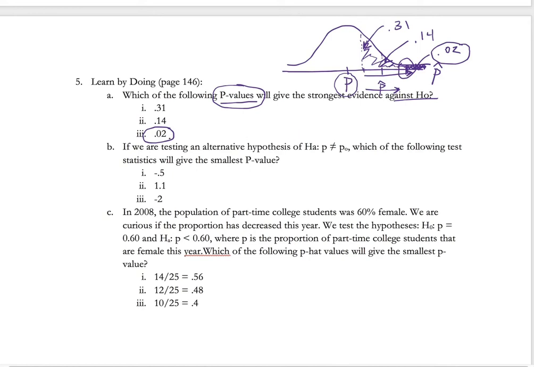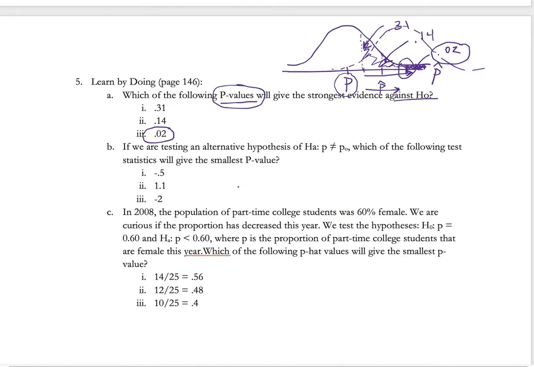Tiny p-values mean unlikely events far from center have happened that make us not want to believe H0, that the center is here. Because remember, if I move this whole curve over here, now all the p-values have changed. All the areas have changed.